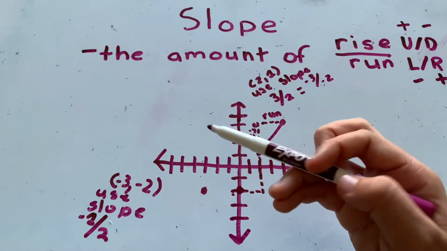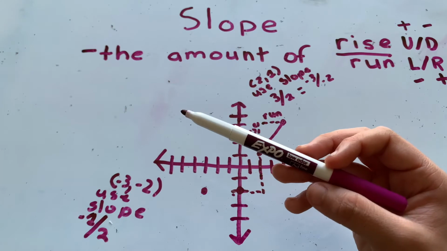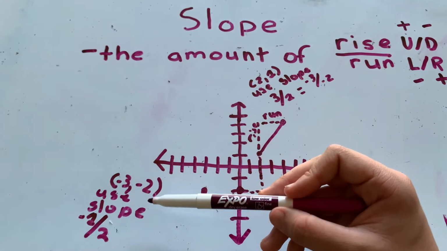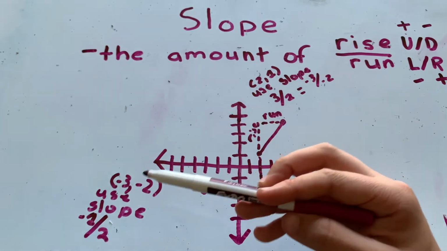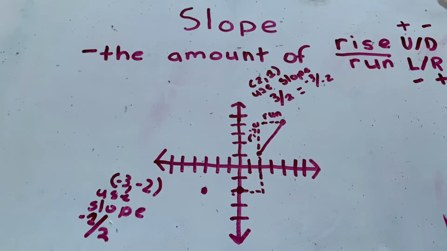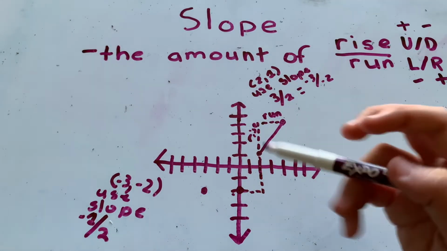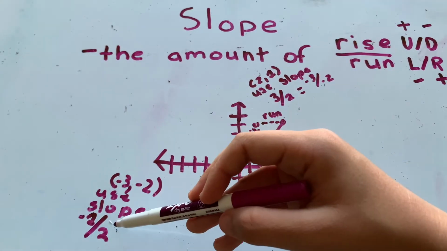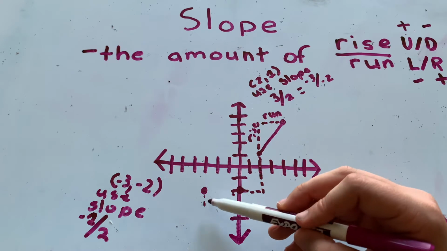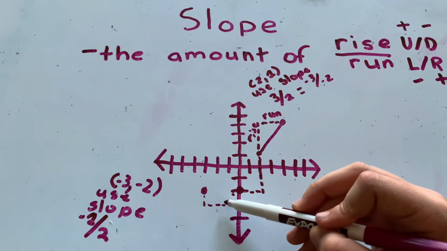Next, we'll go over to -3 comma -2. You will use the slope of -1 over 2. So -1 means go down. So let's go down 1. And then +2 means go right. So go right 2. 1, 2.